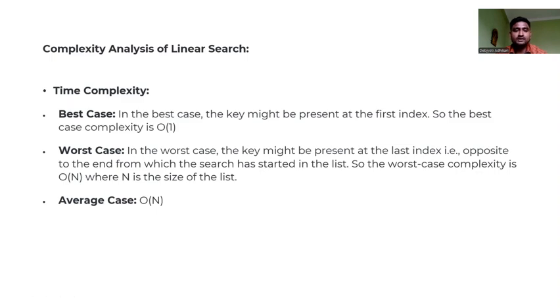In that scenario, the time complexity is big O 1. On the other hand, for the worst case or average case, the time complexity is big O n, because it takes n number of steps, as it is required to search through n number of elements.